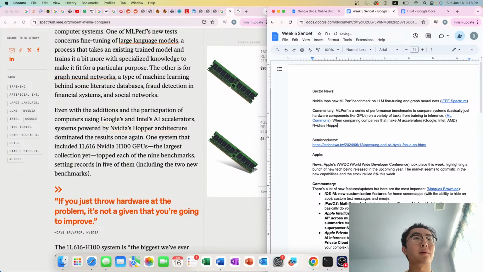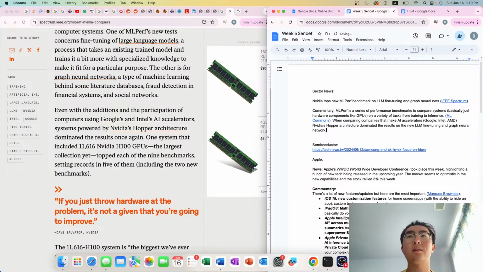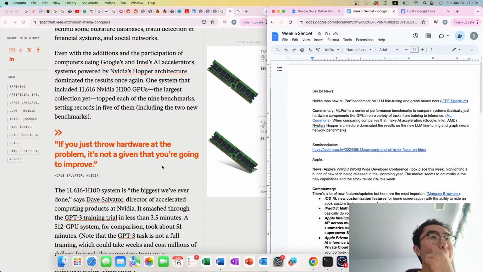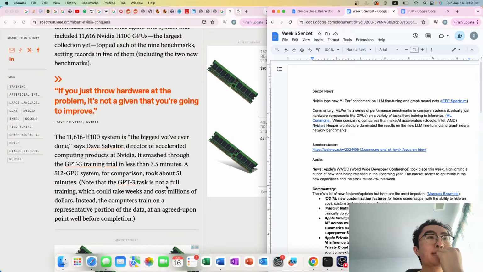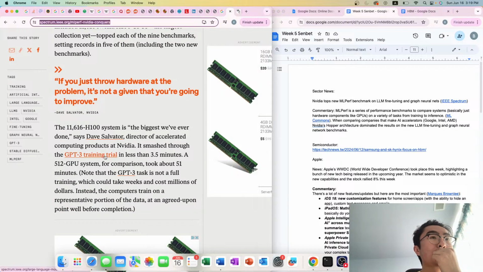NVIDIA's Hopper architecture dominated the results on the new LLM fine-tuning and graph neural network benchmarks. That's kind of crazy.